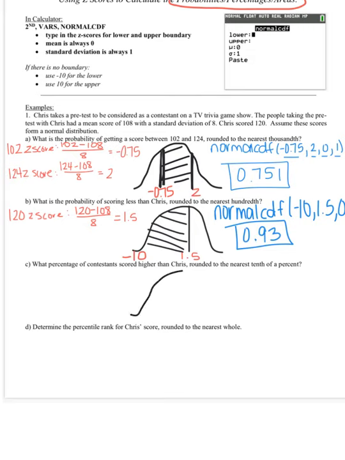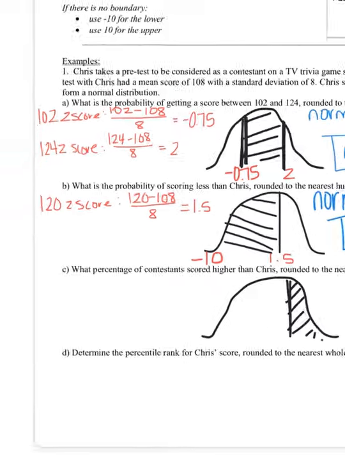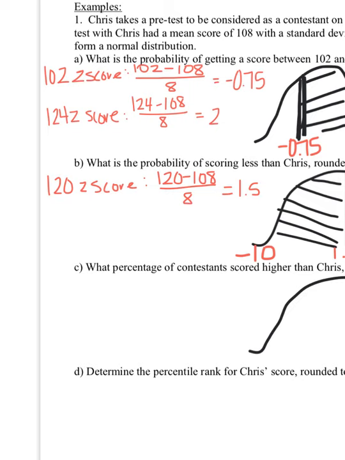So I'm going to draw my curve. We know Chris is here, right? He's somewhere above the mean, and we want to go higher than Chris, right? So you have to figure out what his z-score is. We already did that, right? The 120 z-score, this is the same problem.